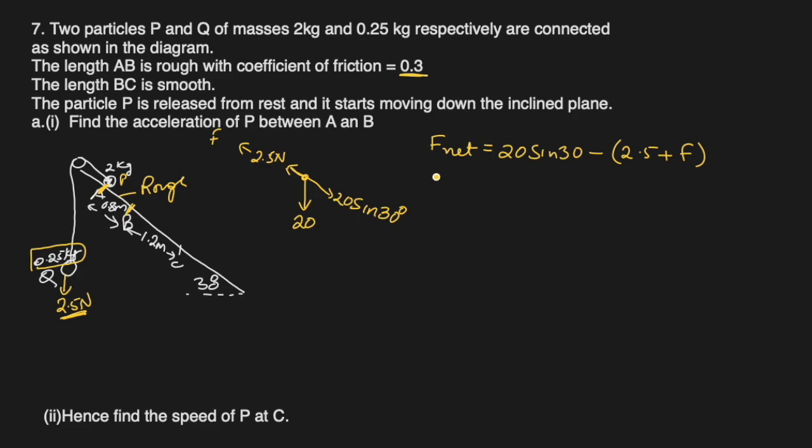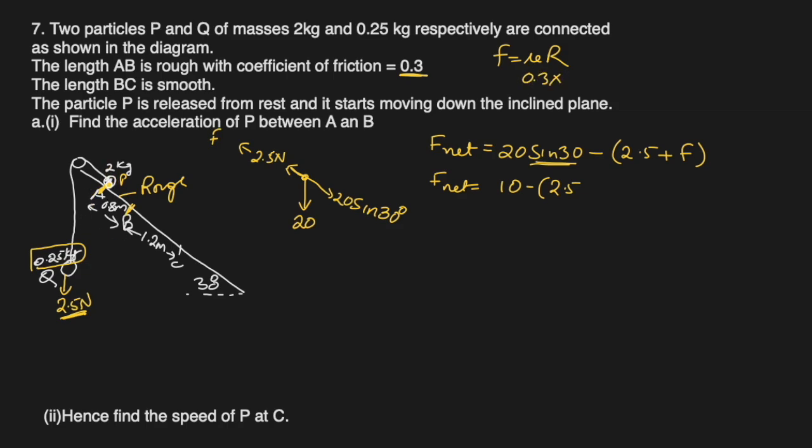So let's find what is F net. Sine 30 is half, so 20 sine 30 will be 10 minus 2.5, and this F, friction, is always mu R, like we did in one of the previous questions. And what is mu? 0.3. They've given 0.3.